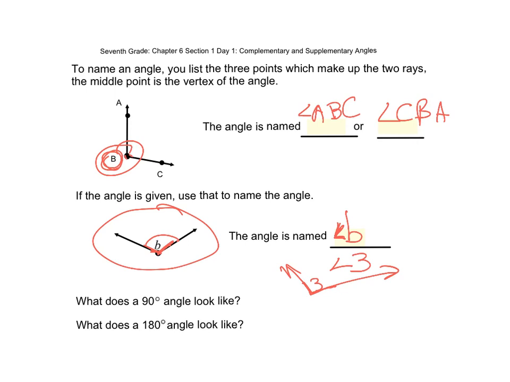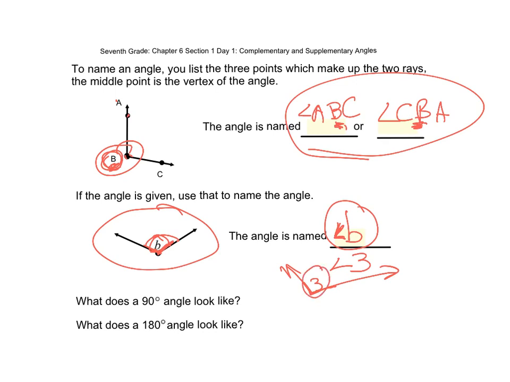So you can have them with dots, and that's how you name it, making sure that the middle letter is your vertex. Notice the middle letter for both is B. If they actually name an angle, you can use the letter that they name it with, or if they name it with a number, use the number they name it with. All right, 90-degree angle, hopefully we all know, because we've already talked about that. A 180-degree angle is actually just a straight line.